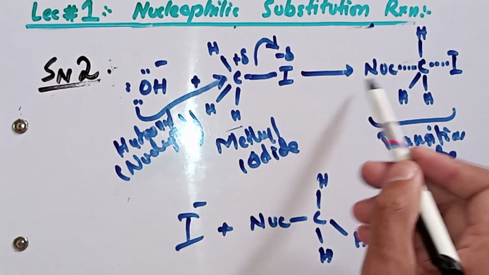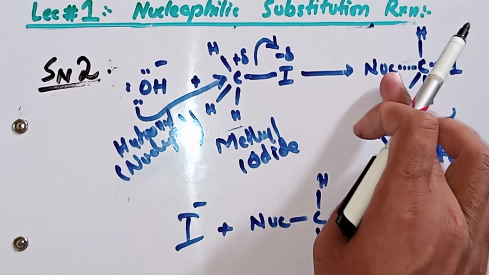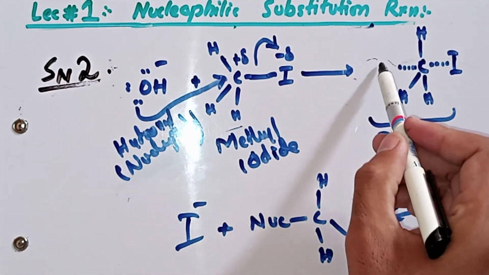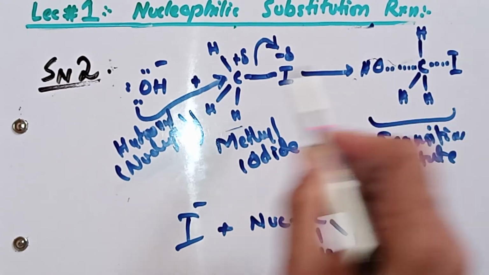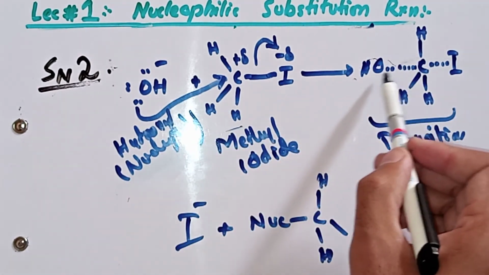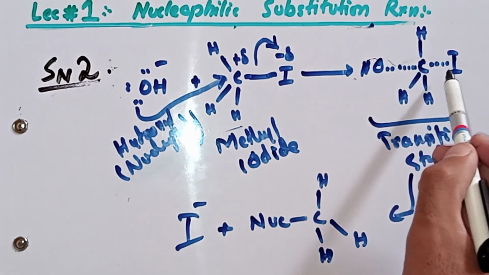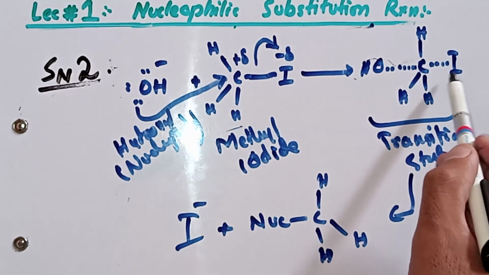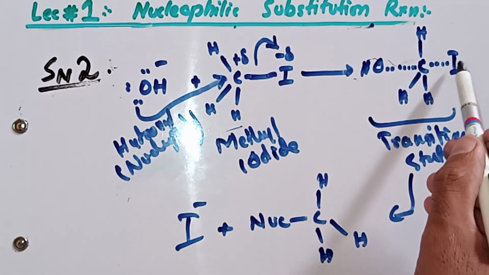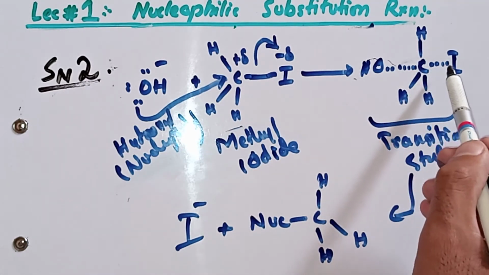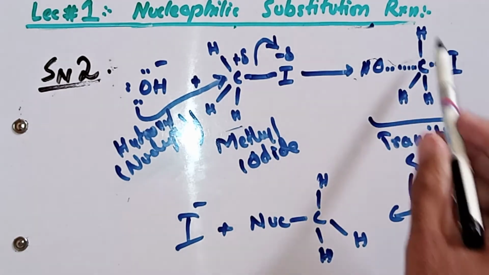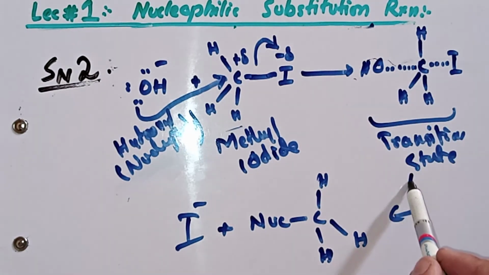Here the bond between carbon and the hydroxyl group will be partially formed, while the bond between the leaving group and carbon, or iodine and carbon, will be partially broken, and this state is called the transition state.